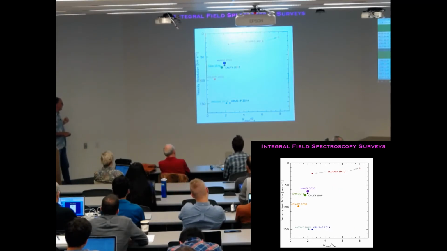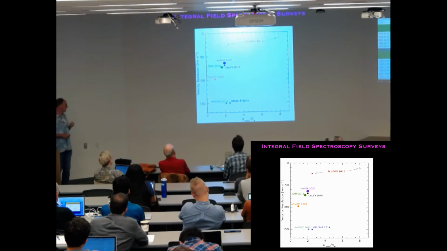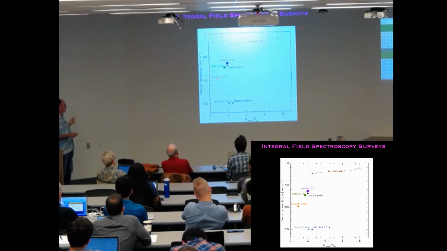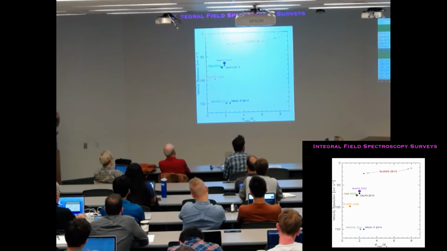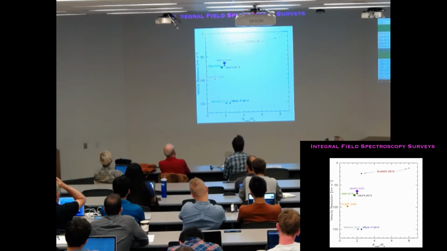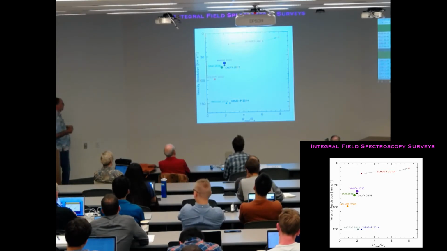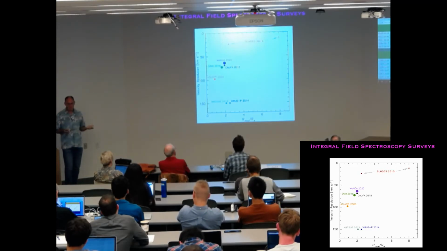What I'm showing here is the velocity resolution of the survey against how far out they probe in early type galaxies. So ideally you want to be in the top right-hand side of this diagram, large radii but with very good velocity resolution. Each symbol is coded by the number of galaxies in each survey, which probably corresponds to the number of people working on that survey.